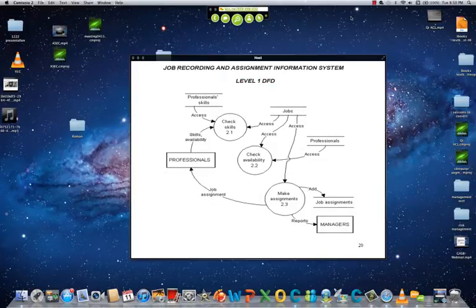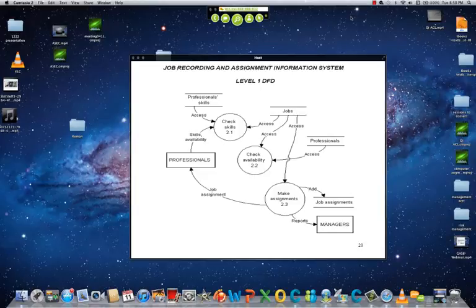Now we decompose this assign professionals process into 3 sub-processes. First you have to check skills of your professionals. Then you have to check whether they are available or not. Finally, you have to make assignments, assign them to some job. So you have a process which checks professional skills, looking at jobs which need to be added.